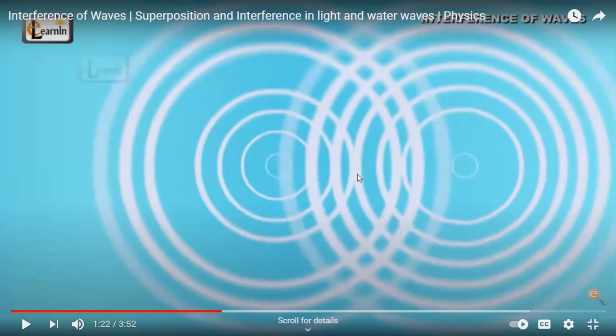We are just discussing one wavefront overlapping with the other wavefront. So this overlapping of the wavefronts with each other is referred to as superposition. This superposition results in a change in displacement of the resultant wave.